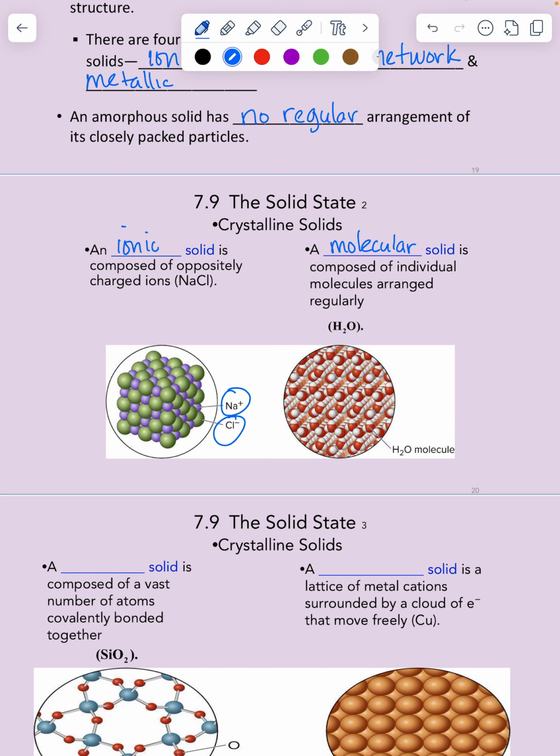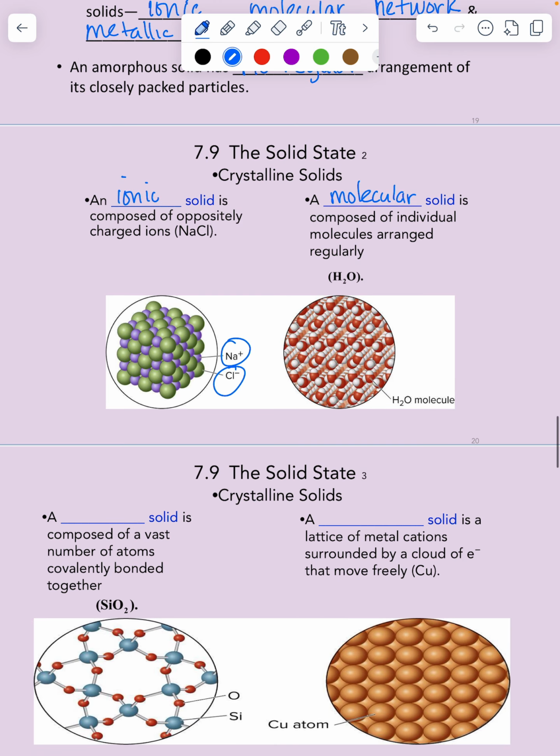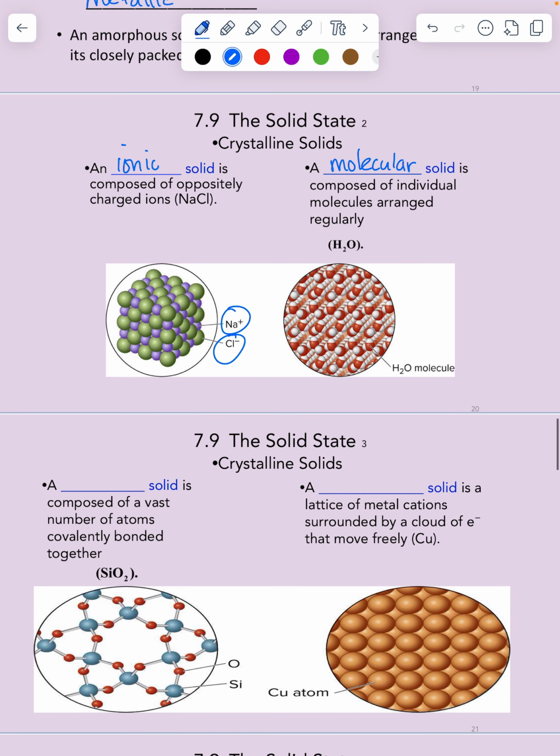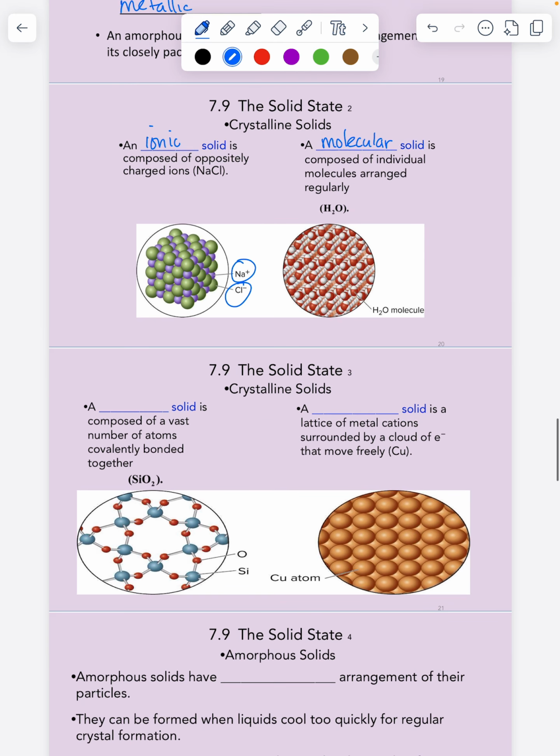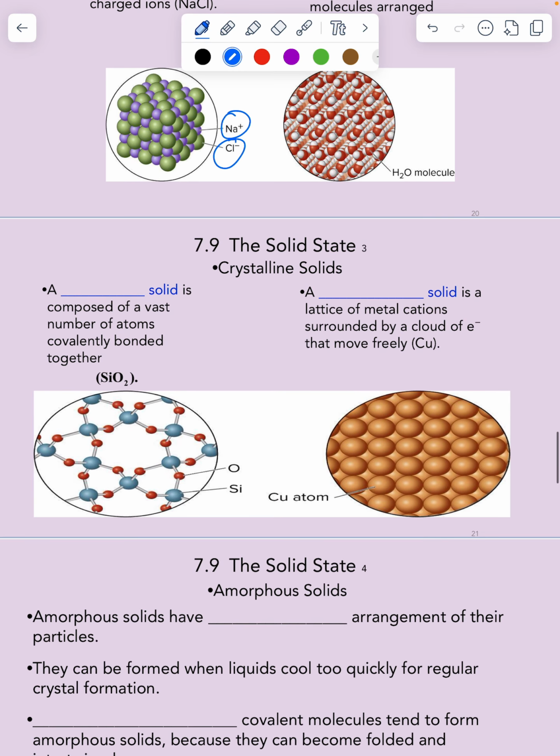We have something special, a special kind of covalent compound called a network solid. The example that they're showing you here is sand, silicon dioxide. A network solid is composed of a vast number of atoms that are covalently bonded together.